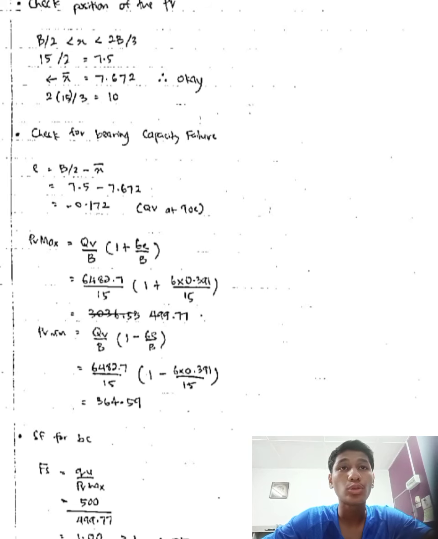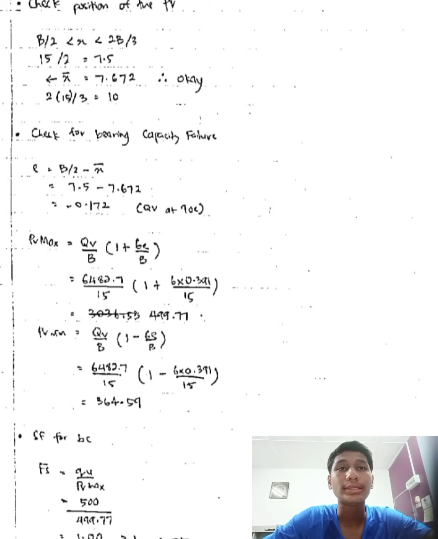And for 2B per 3, we will get 2 bracket 15 per 3, the total is 10. So our X bar is 7.672, is between 7.5 and 10. So it is okay.